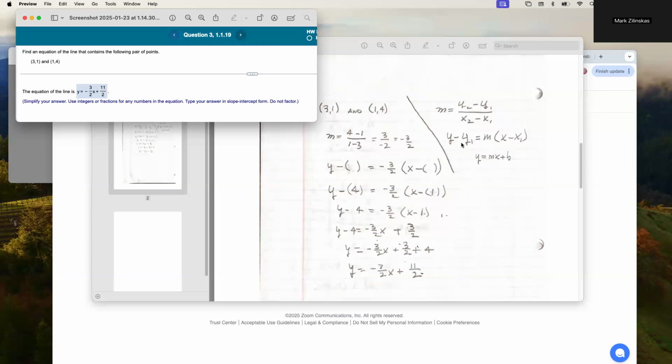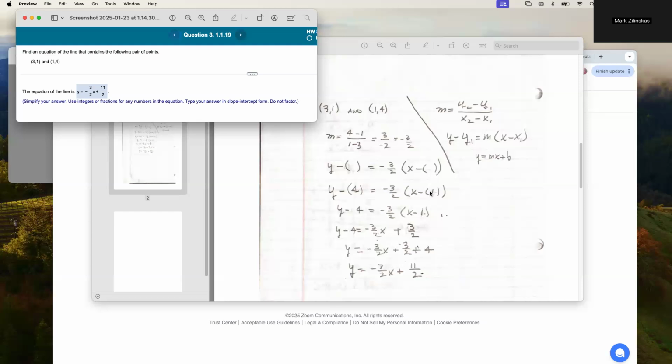Now, all I'm going to do is substitute in the m for the slope, like I did here. And I just like to leave these blanks here to exemplify that you can fill them in. You don't need the two steps, but here I do fill them in. I just wanted you to be able to see that. And I think it's a good idea to use parentheses when you make those substitutions.